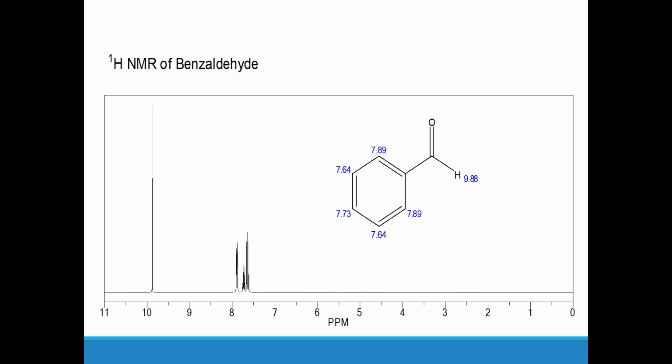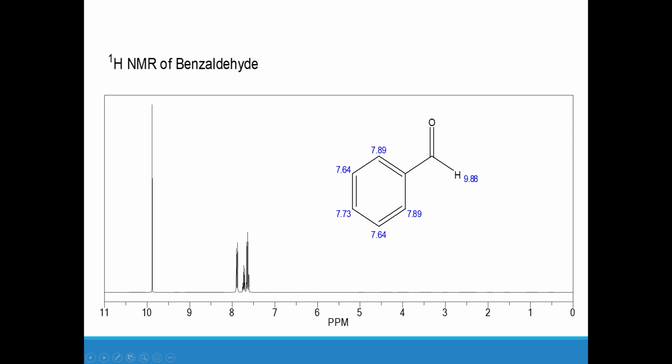So here is the NMR of benzaldehyde. For benzaldehyde, there are really 2 types of signals, where the signals on the benzene ring are really close to each other.